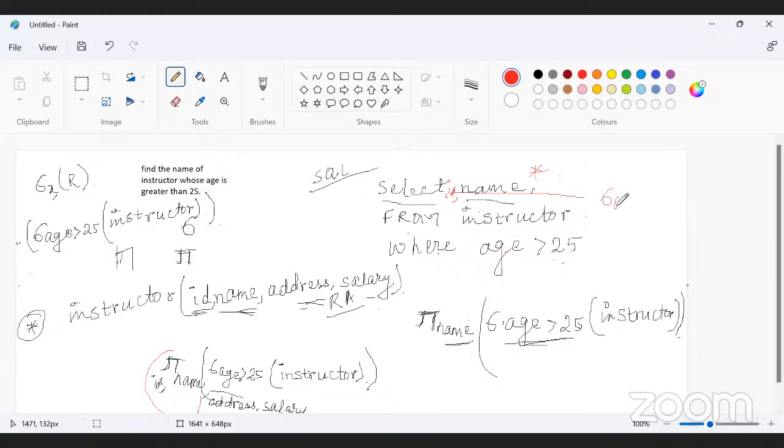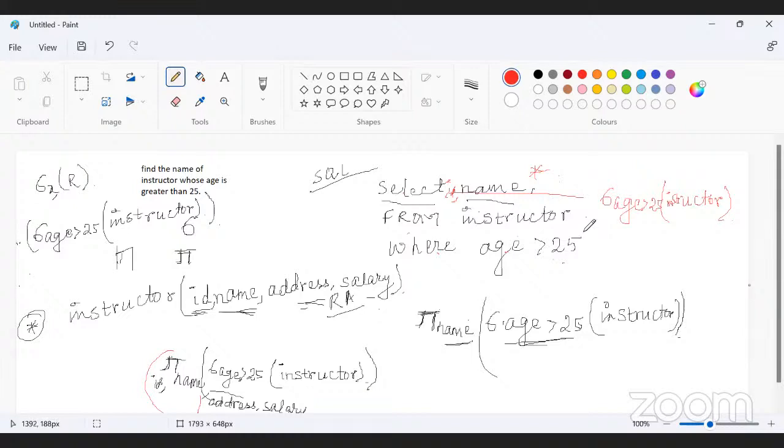You can write select star from instructor where age is 25, and by default it will retrieve all the information from the instructor. These two operations are clear to everyone, right?